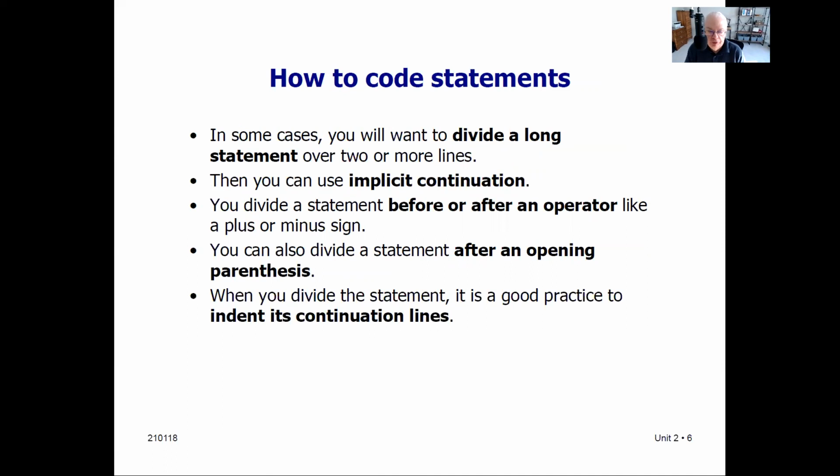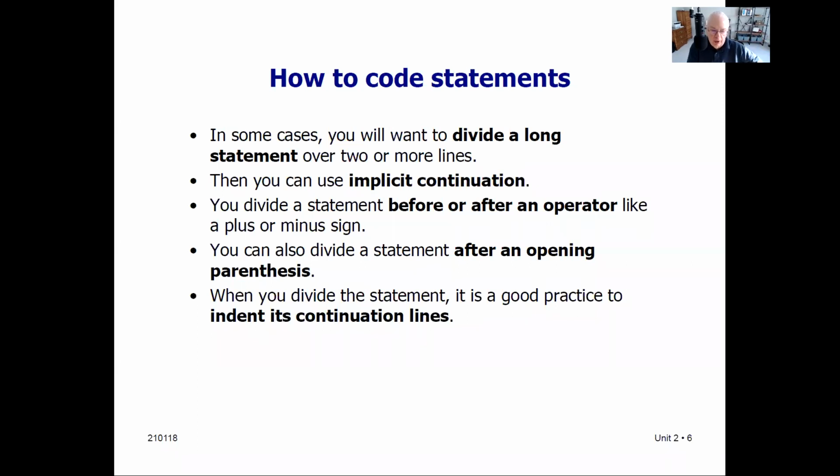So there are 2 different ways that we can deal with continuation of a really long line. One is implicit continuation, and the other one is explicit. In this class, I want you to use implicit continuation, and I'll show you exactly why in just a second.